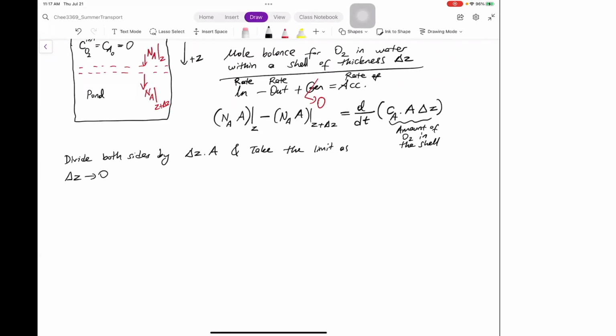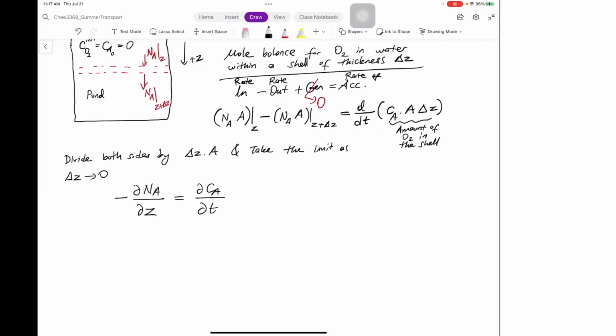And you get minus, well, actually it's the partial derivative, del Na over del Z, is equal to del Ca over del T, correct? So this is a similar technique that we used in the heat transfer as well, right?